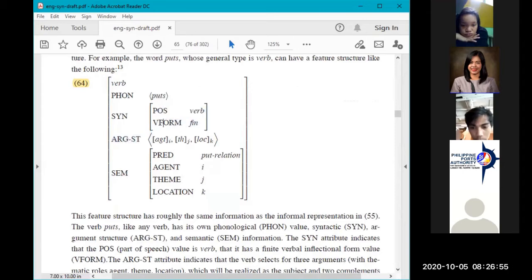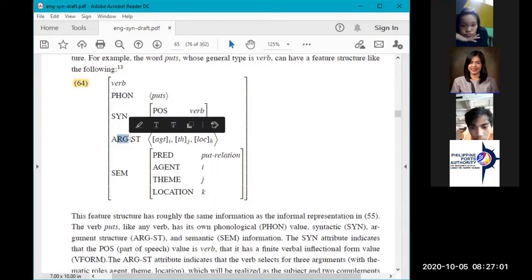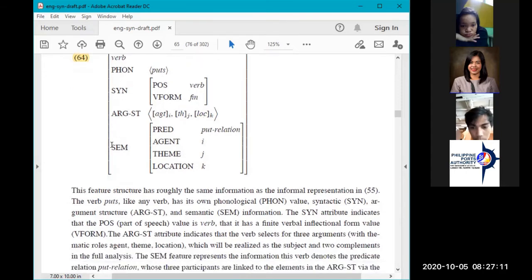The form of the verb is finite. It's a finite verb. And the argument structure is that it has an agent, a theme, and a location. And the semantic feature could be a predicate, with an agent, theme, and location.